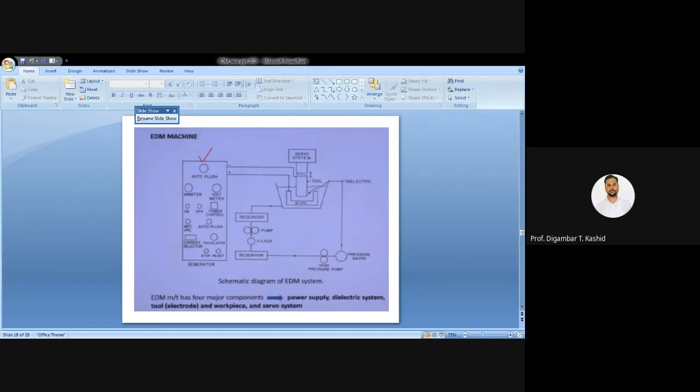So suction through the electrode is one method of flushing of dielectric.